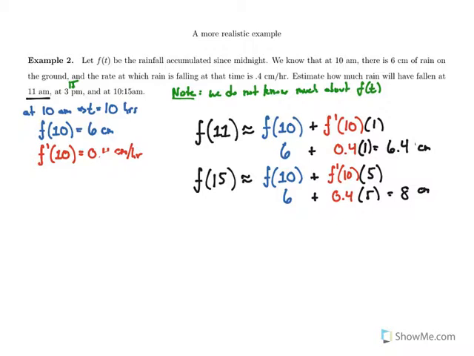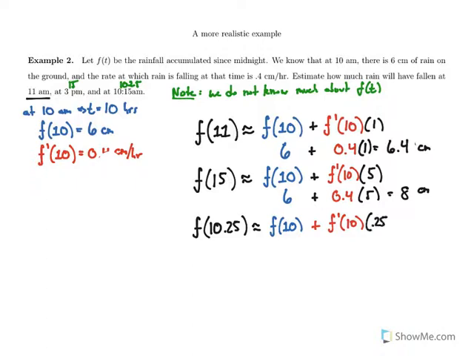All right, so how could I deal with 10:15 a.m.? Well, what even value is that? That's going to be 10 point a quarter of an hour, so 10.25. And at that time, again, we could say that we're going to start with f of 10, and we're going to add the derivative for how many hours?